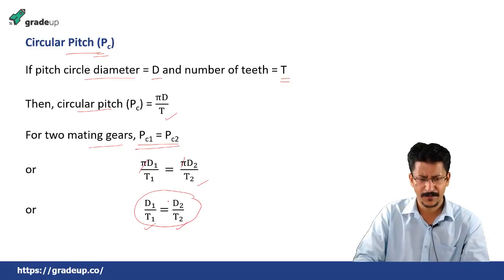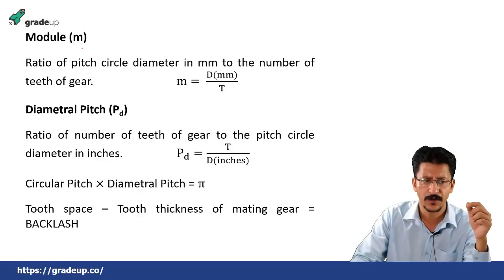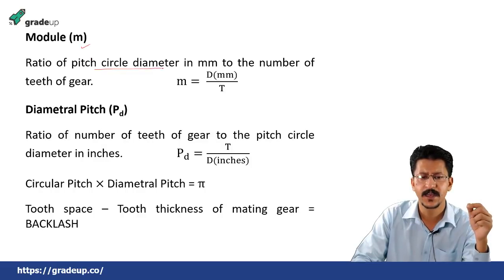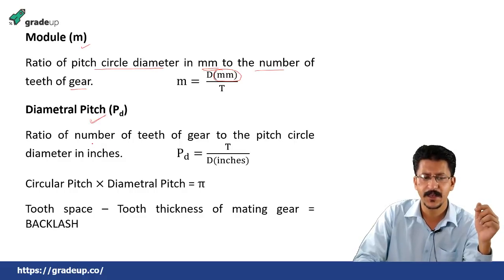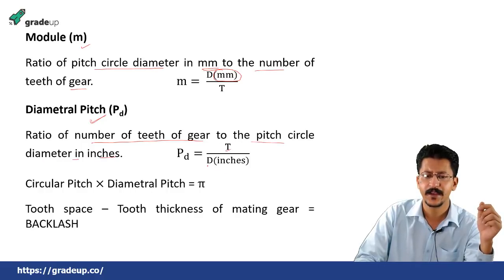From this only comes the concept of the module, that the ratio of pitch circle diameter in mm to the number of teeth of gear is known as module. Please remember, this diameter is to be taken in mm, that is in millimeters. Then diametral pitch. That was circular pitch, this is diametral pitch. Diametral pitch is the number of teeth of gear to the pitch circle diameter in inches, that is t by d.